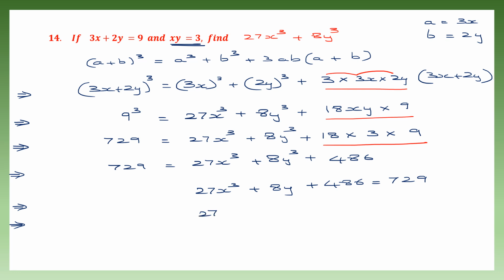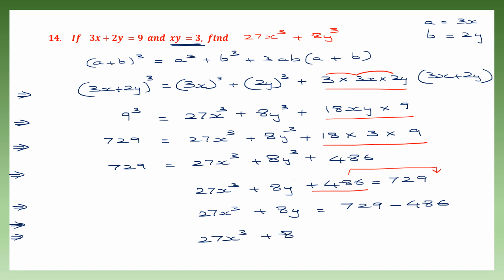Now 27x cube plus 8y cube is equal to 729 minus 486, because we have transposed this to the other side. So now we can find the value of 27x cube plus 8y cube. This is 8y cube, which is 729 minus 486, which is 243. So this is our final answer, 243.